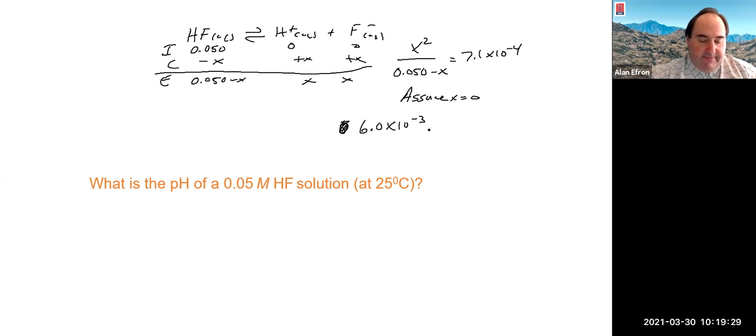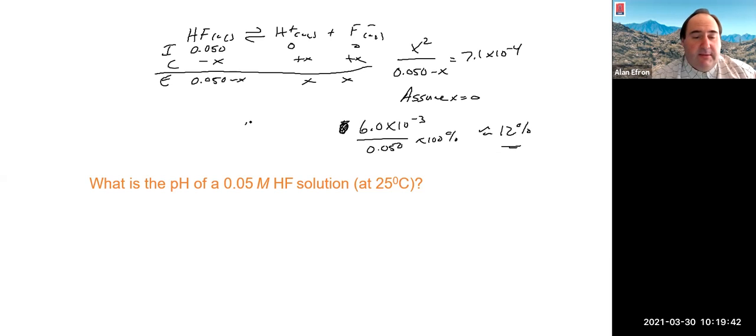And if we check our assumption in this case by dividing it by 0.05 times 100%, you get roughly 12%, which means this would be a bad assumption in this case. And that's why it's really important to make sure that you do check it.